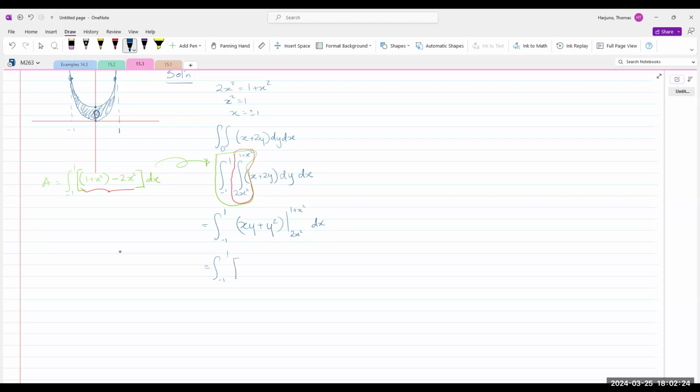So this will be x times (1 plus x squared) plus (1 plus x squared) squared, that's the first term. Minus x times 2x squared plus (2x squared) squared, dx.